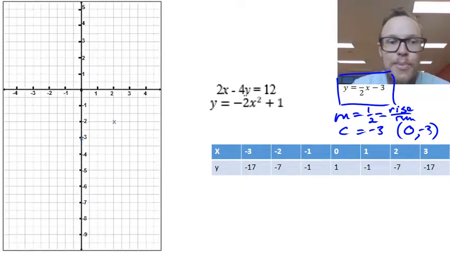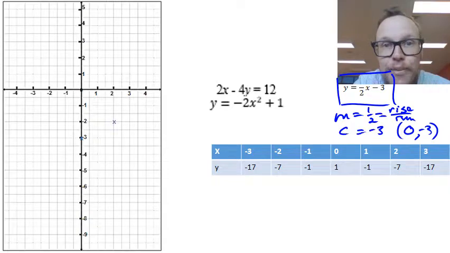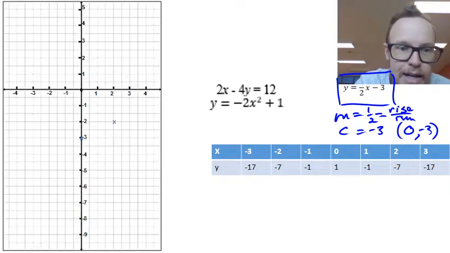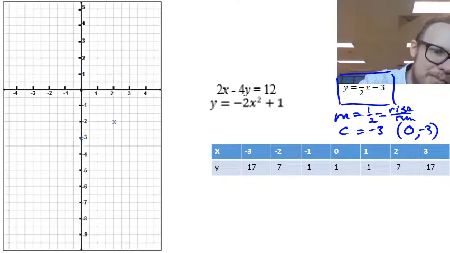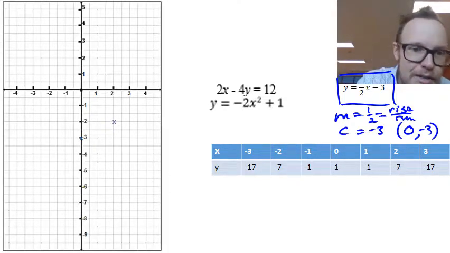We can plot those 2 points on our graph, and I've done so here. You can see I've plotted one point at 0, negative 3, the y-intercept, and then I've moved along by 2, here, and up by 1, because that's our rise over run. Rise is 1, run is 2.